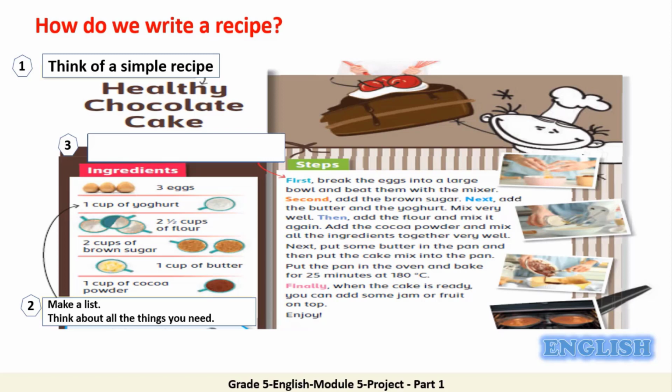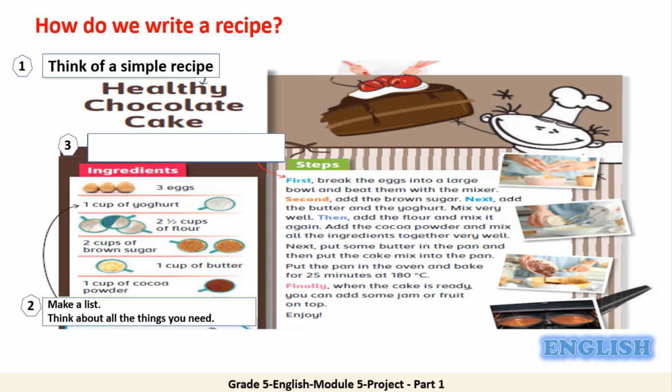Look at these ingredients. To make a chocolate cake, we need 3 eggs, 1 cup of yogurt, 2.5 cups of flour, 2 cups of brown sugar, 1 cup of butter. Finally, 1 cup of cocoa powder.